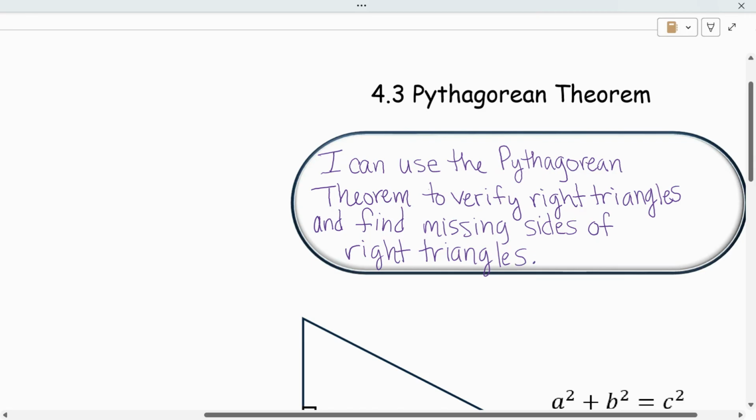So I can use the Pythagorean theorem to verify right triangles and find the missing sides of right triangles.